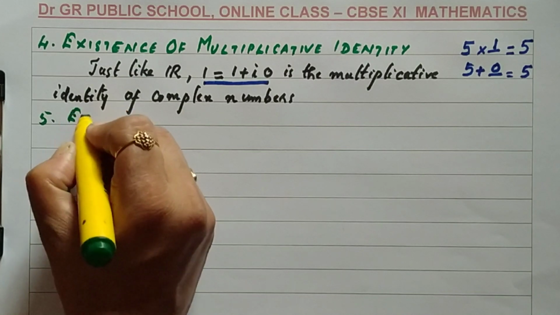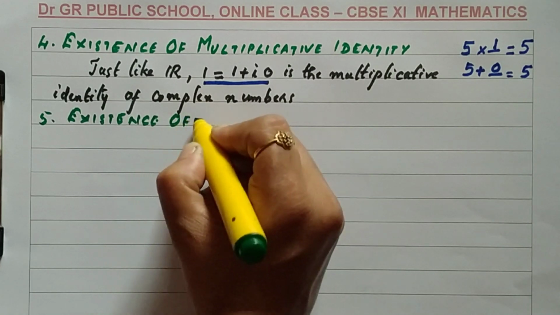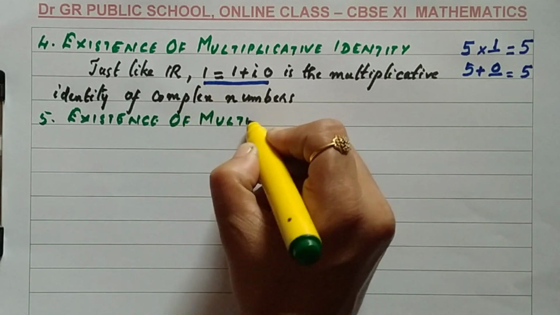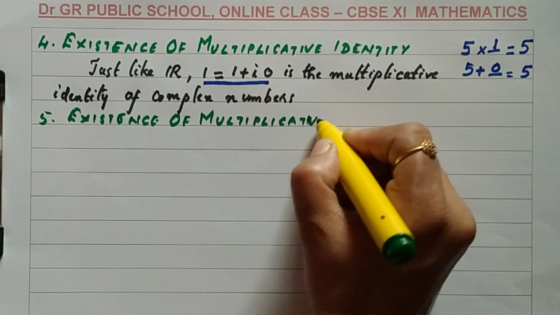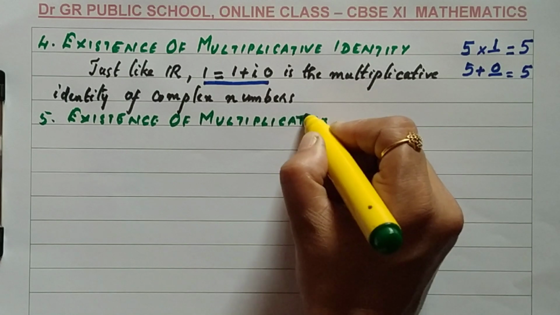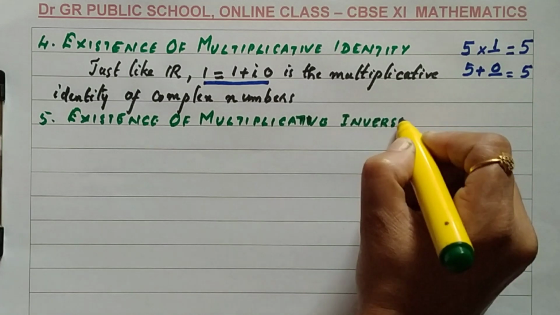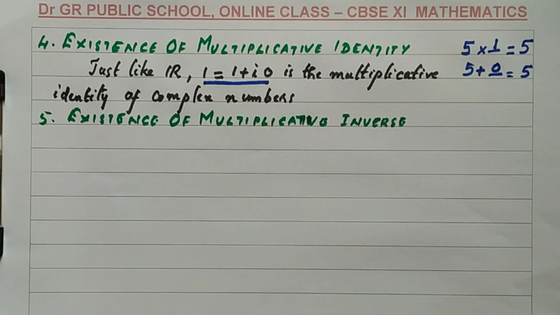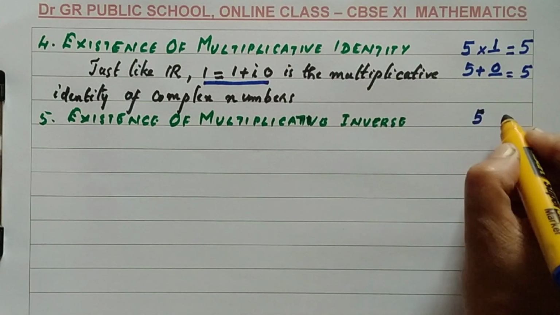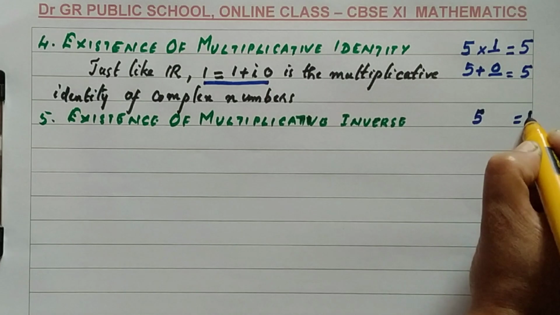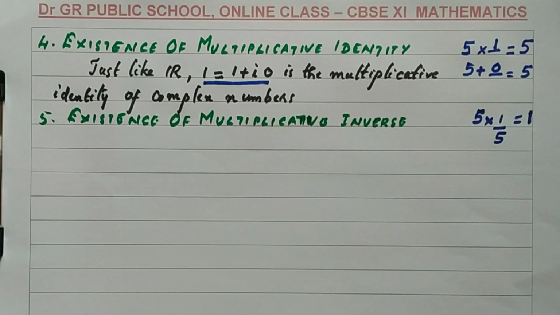Existence of multiplicative inverse. You know that for a real number 5, to get the multiplicative identity 1, you need to multiply with 1 by 5.